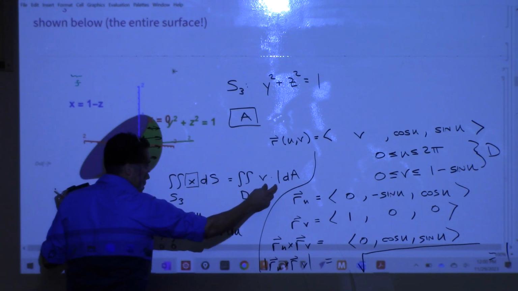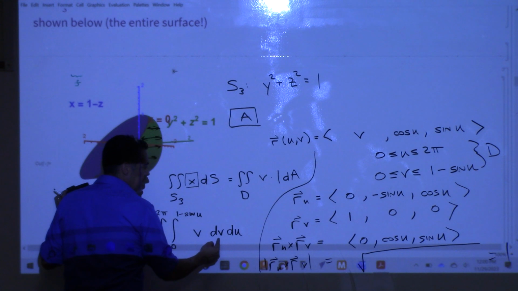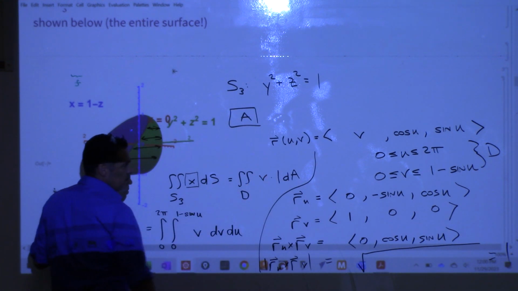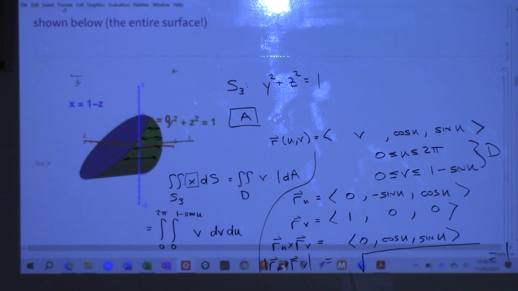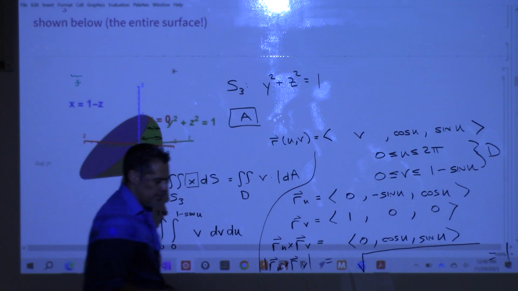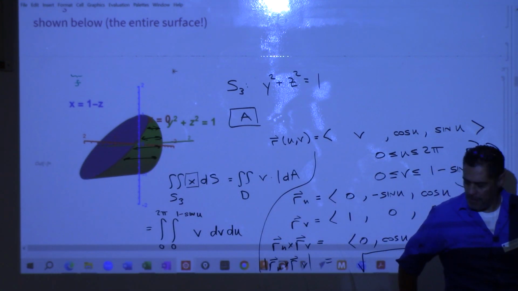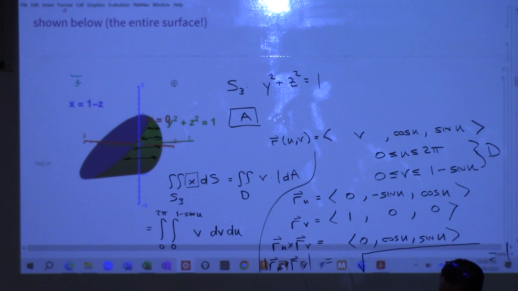V comes from here, v times 1, right? And then dv, because v is 0 to 1 minus sine u, and u is 0 to 2 pi. Yeah? Wolfram? A doable integral for sure, right? I think that would work okay.